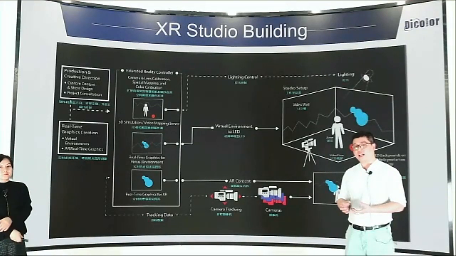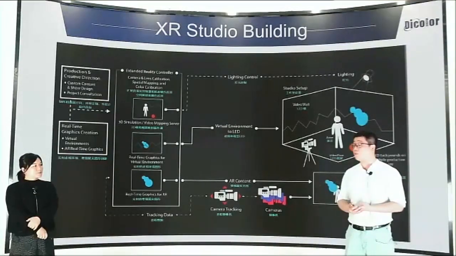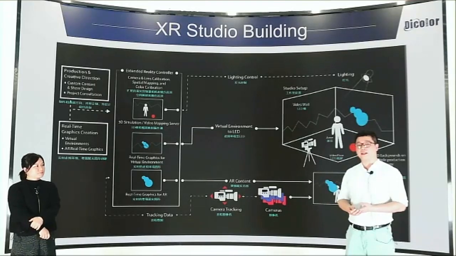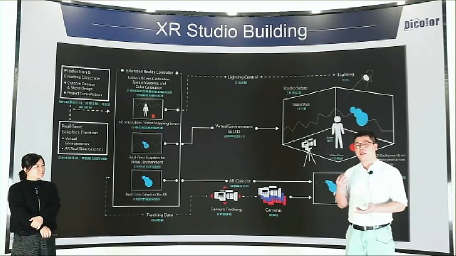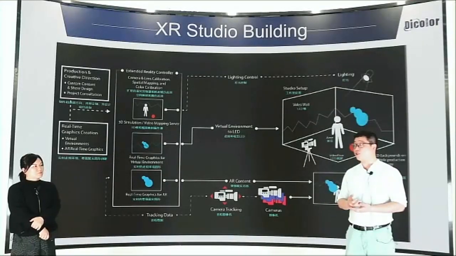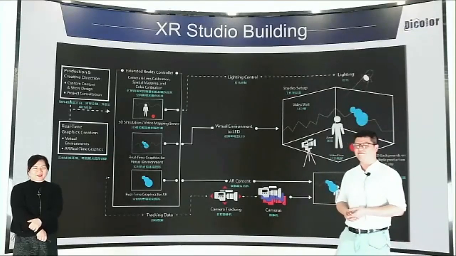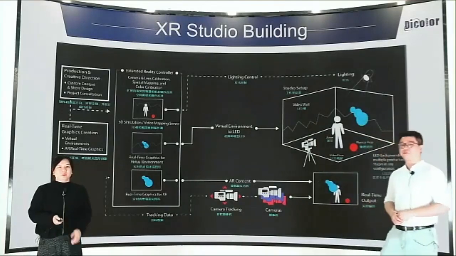After processing, we transfer it to the LED video wall systems, and what's more, equipped with the dynamic tracking systems and camera systems, and finally we go back to the monitor and the recording devices. Sounds so complicated, so I will make a summary to make it simpler.